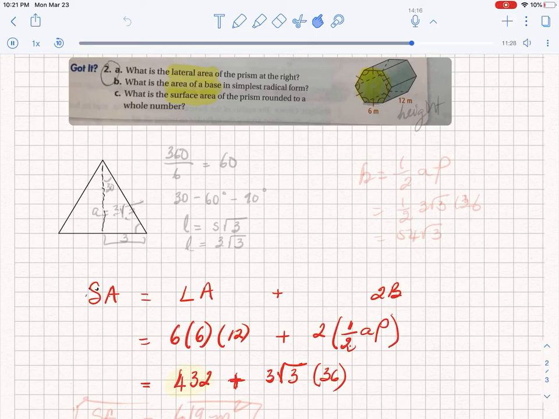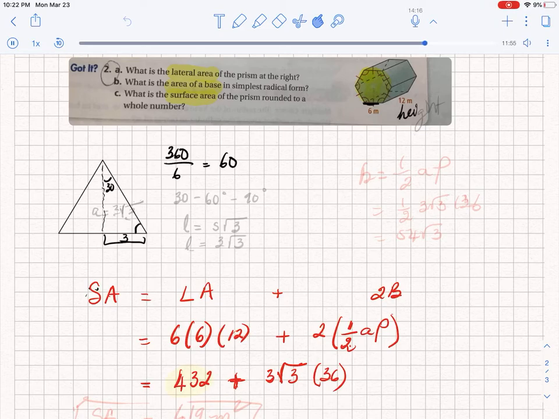So I can look at 360 divided by 6. That should give me 60. The whole thing is 60, so this half is 30. And then they gave me the side of the base, which is 6. If that is 6, this is 3.